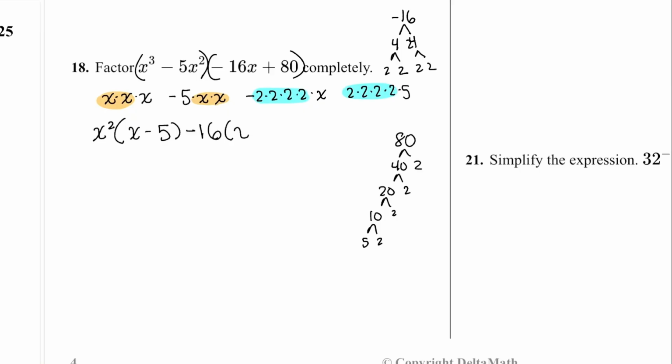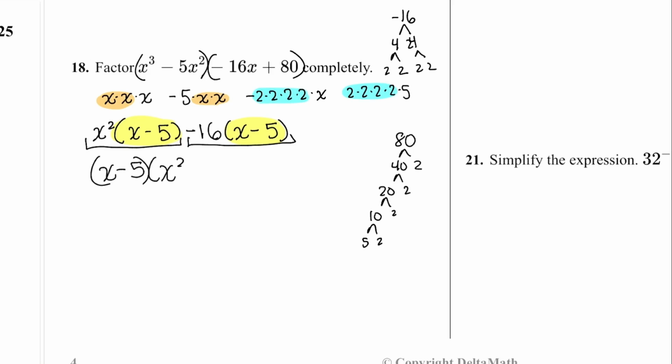So we're going to have an x, and then if we pull out a negative, we'll have minus 5. So when you do this, these two factors should match all the time. And out of these two terms, we can go ahead and factor out an x minus 5.